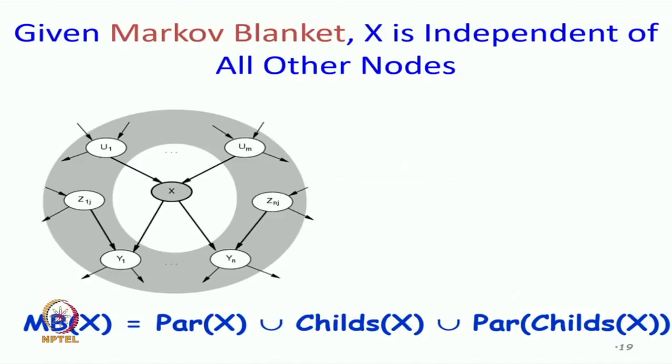Okay. And the second thing we discussed is, given the Markov blanket, x is independent of all other nodes. And what is the definition of Markov blanket? The definition of Markov blanket is parents, children, and other parents of the children. So, that is your closest family. Given your closest family, nothing else matters to you, you are independent of everything else.